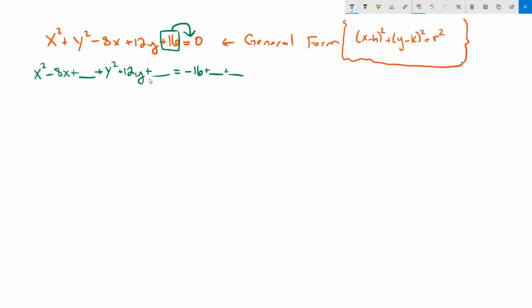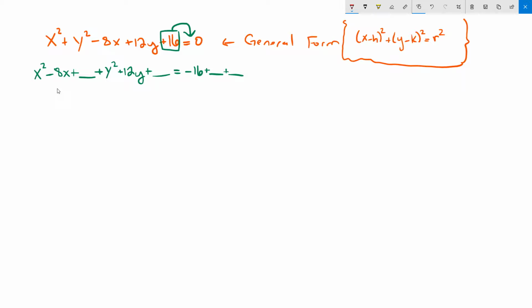First things first, let's start by completing the square. If you don't remember completing the square very much, you're trying to make this part right here factorable. Our ultimate goal is to be able to factor it, but completing the square is a nice little trick we can use to do that.